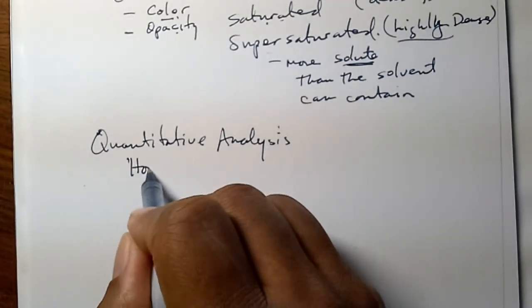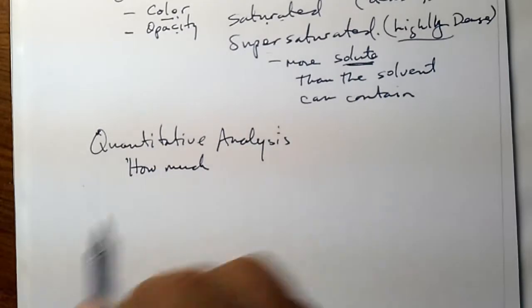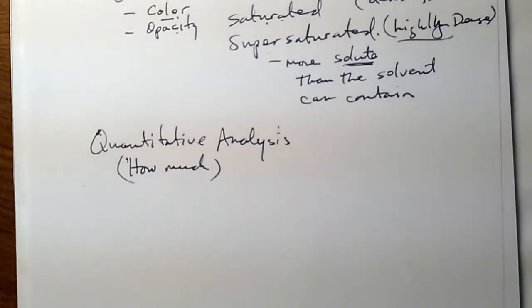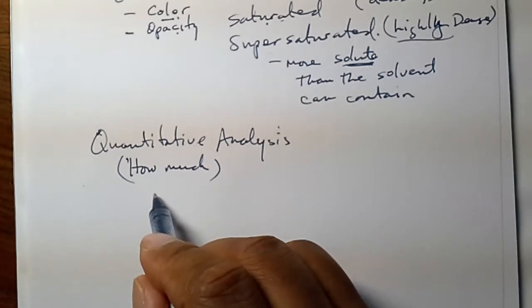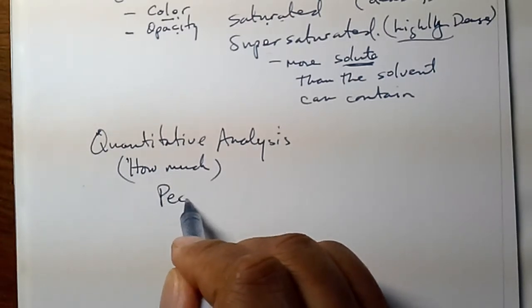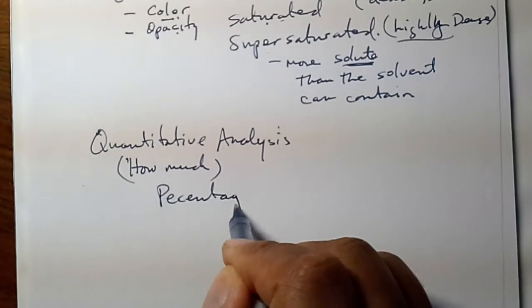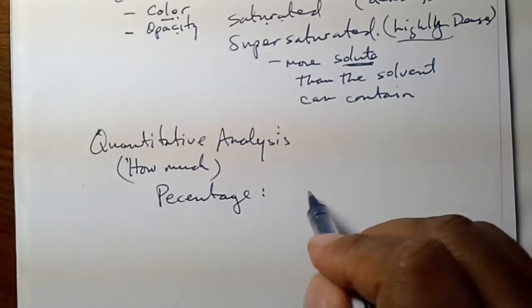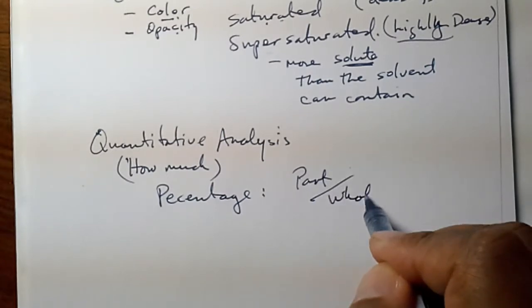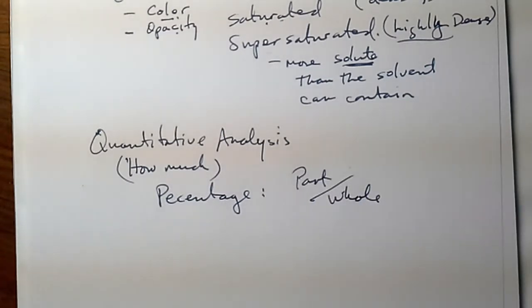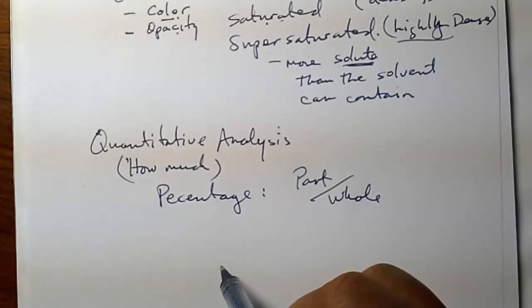How much, essentially, is what we want to know. We can do that by percentage. And we know percentage is part over whole. Okay? Percent concentration, percent solute, percent solvent.